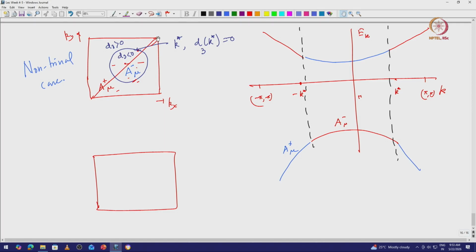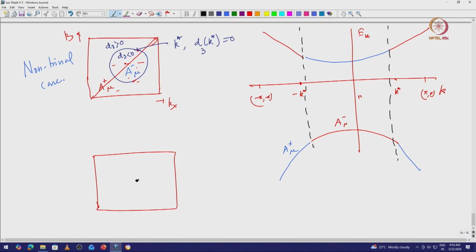So, that means it is going out of the Brillouin zone, or it is sort of vanishing at the gamma point. So, in these two cases, when the D3 will come here, D3 will become 0 here. So, this contour, when it will vanish here, you will have a Dirac cone here.